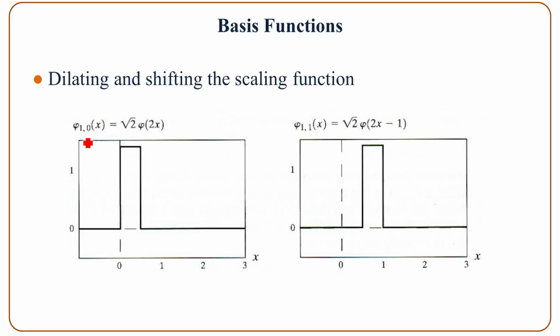Now if you have j equal to 1 and k equal to 0 and replace j and k into the formula for phi of x, then you get this. And similarly, phi 1,1 is actually still this, but shifted to the right.